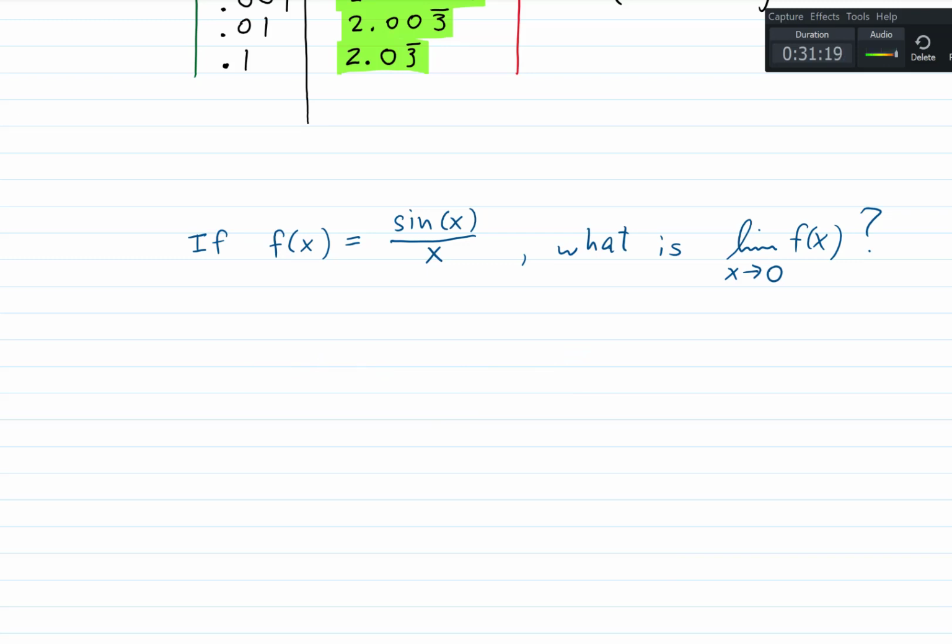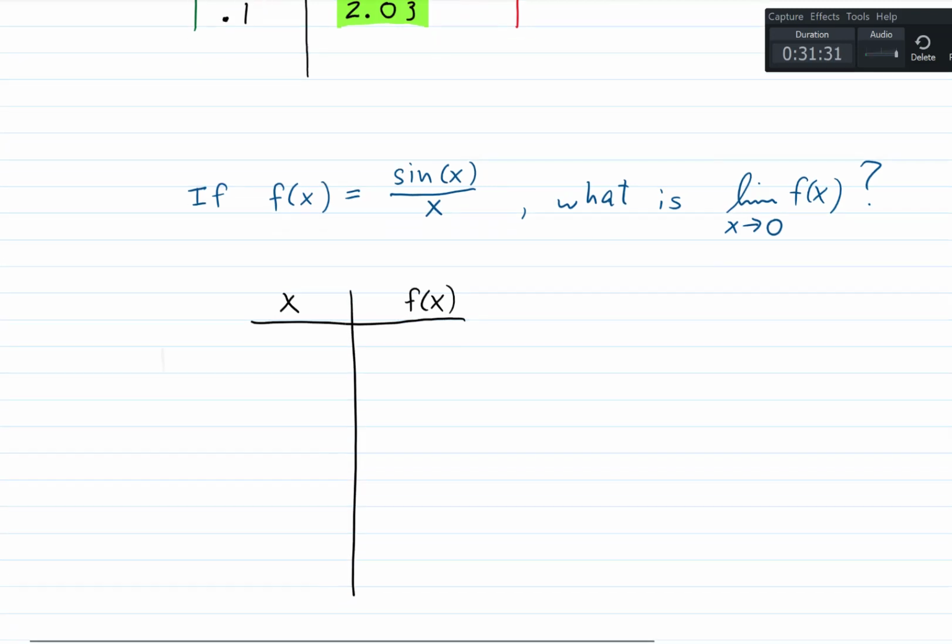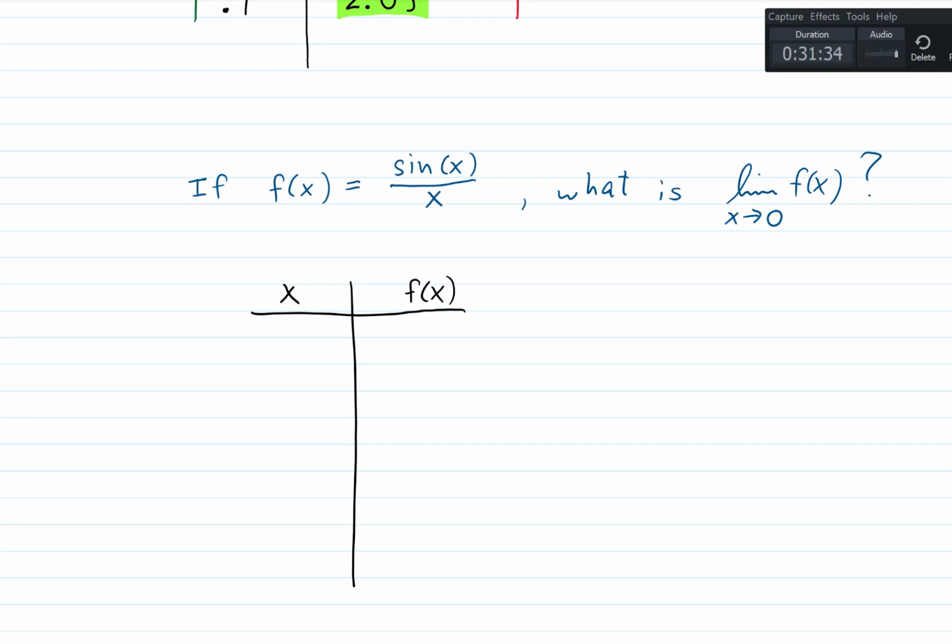Okay, so let's figure that out. I'm going to do a table of values. X, f of x. Okay, as x approaches 0. So I'll go ahead and throw 0 in there, but here's the thing. What's f of 0? Look at it.